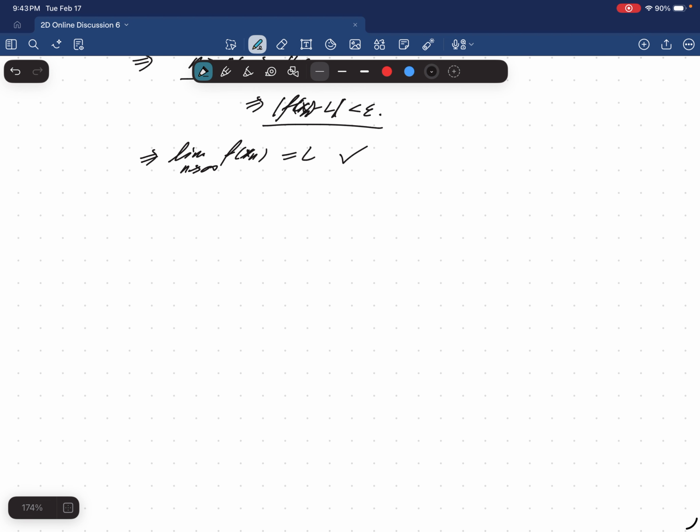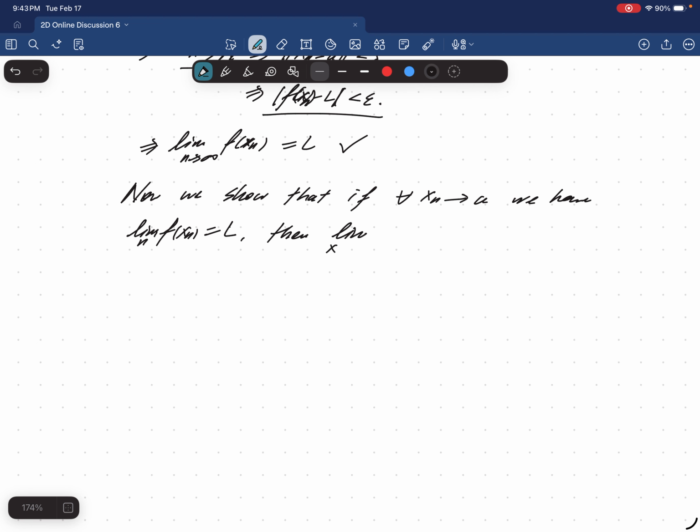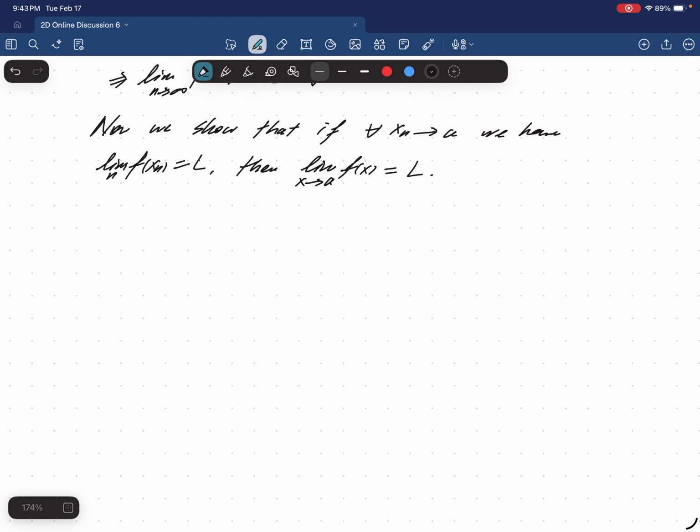Now for the other direction, we want to show that if for all sequences xn going to A, we have the limit as n going to infinity of f(xn) equals L, then the limit of x goes to A of f(x) is actually equal to L. Good.